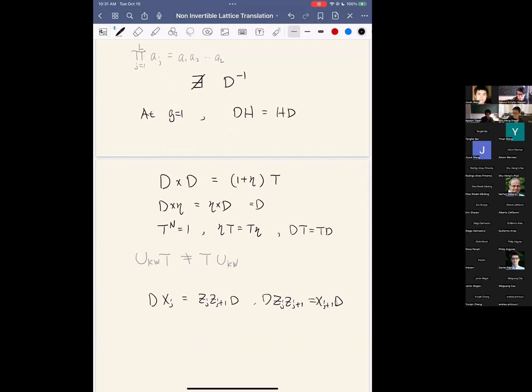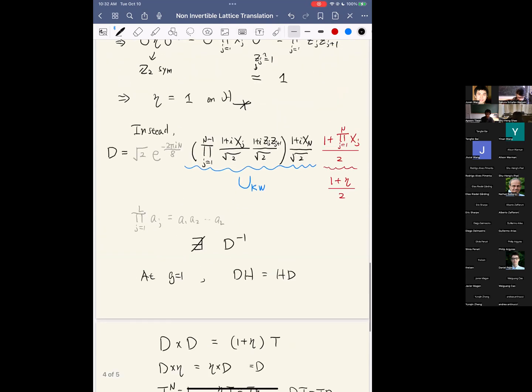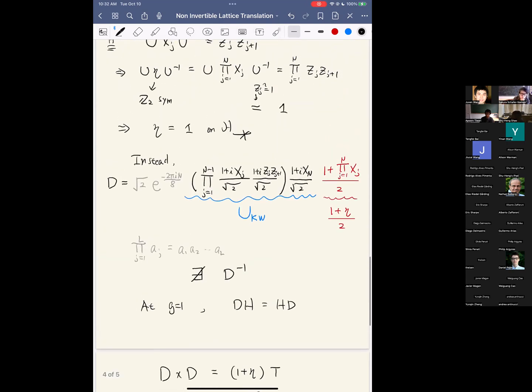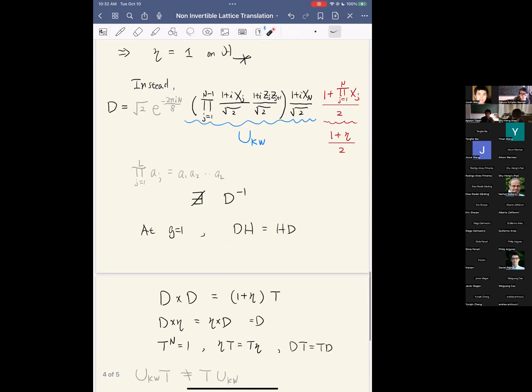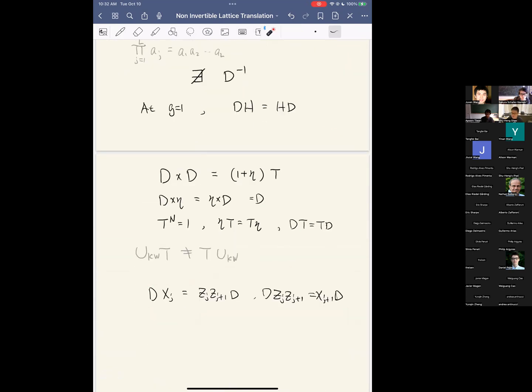Hi, Shu-Heng. One question. Yes. Does UKW commute with the Hamiltonian? No, it doesn't, because there's a mistake at one site. It does not obey this equation. I see that it doesn't commute with the translation operator, but maybe it was not so clear that it doesn't commute with the Hamiltonian.